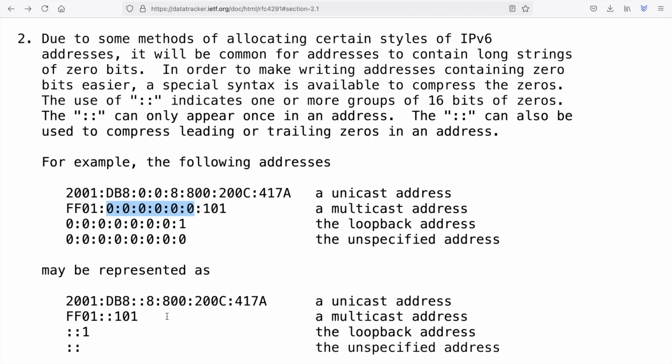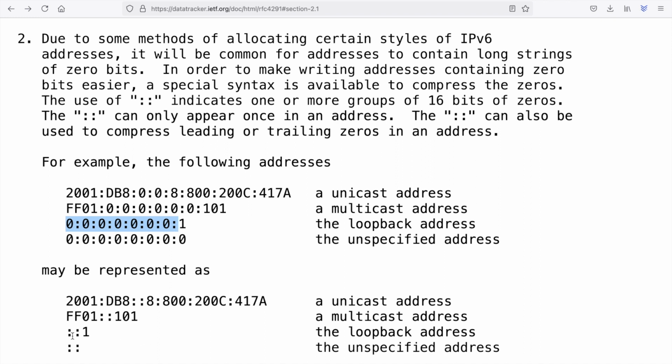Look at the second example here. It's a multicast address. So there are 6 consecutive zeros within the IP address, and that can be replaced as double colons. That makes FF01::101 the right way of representing instead of this.